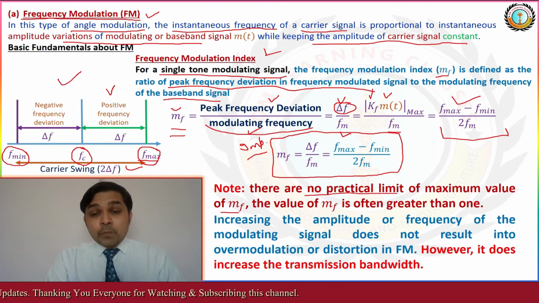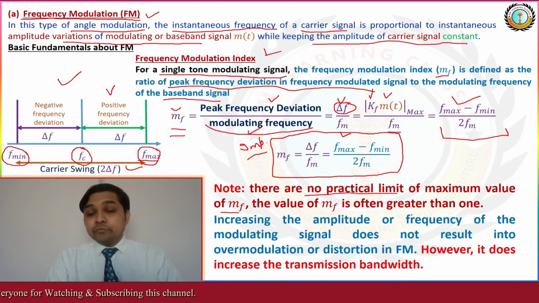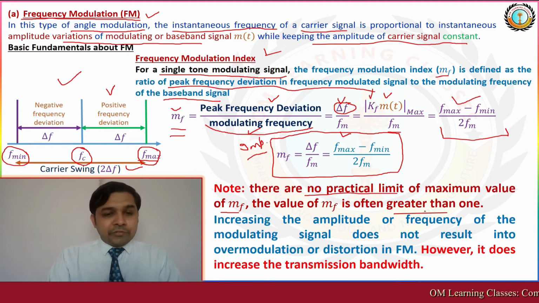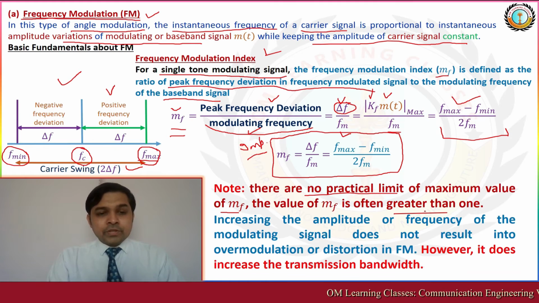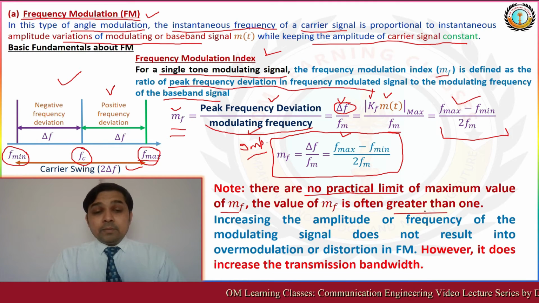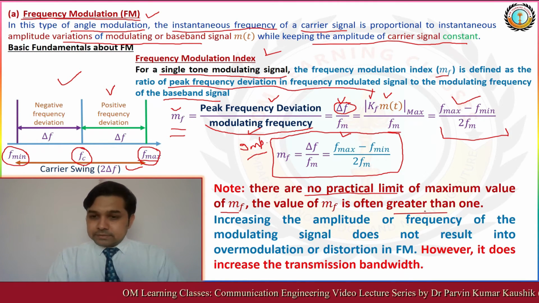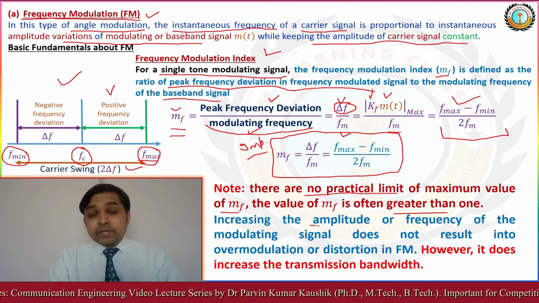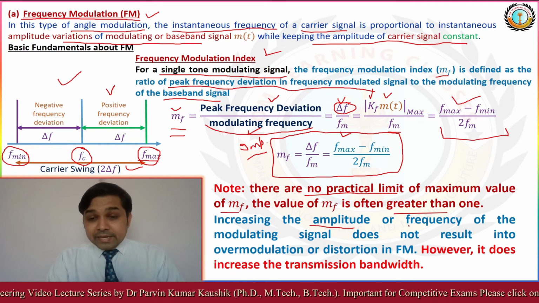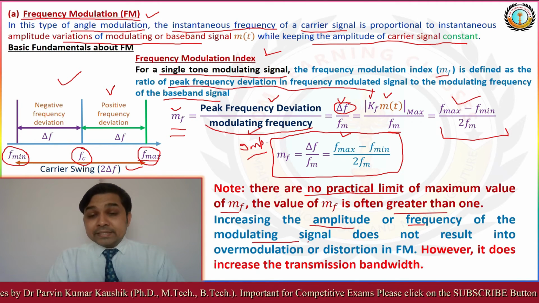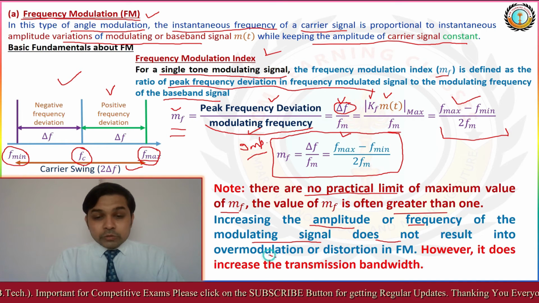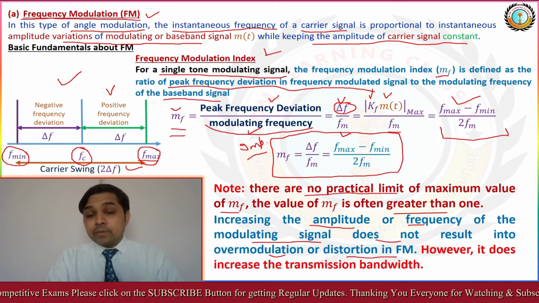The value of mf is often greater than 1, and for practical purposes we generally utilize a frequency modulation index of 5 while considering the band 88 to 108 megahertz. Another factor is that increasing the amplitude or frequency of the modulating signal does not result in over modulation or distortion in FM.